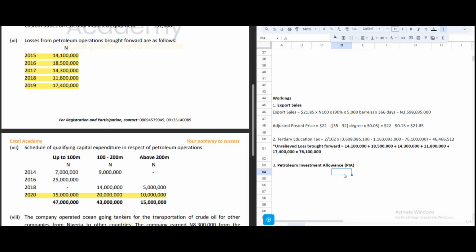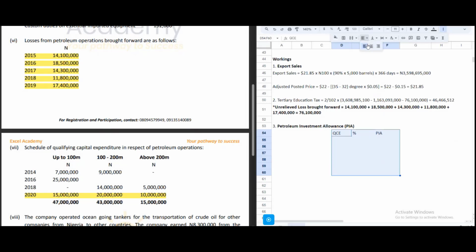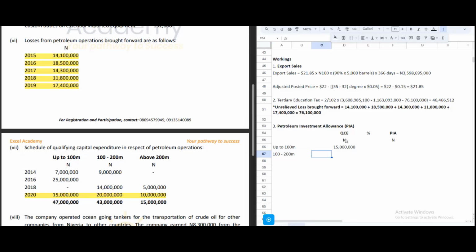So here we now have the QCE as percentage of our PIA. So after that, we proceed. So here we have up to 100 meter. This is 15 million. Then the next, 100 to 200 meter. This is 20 million.